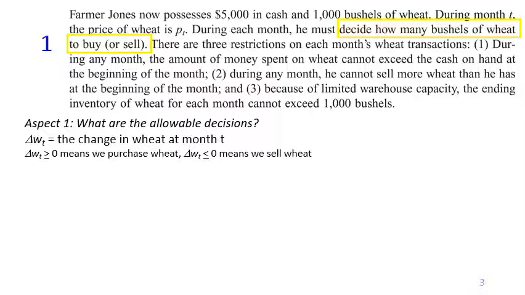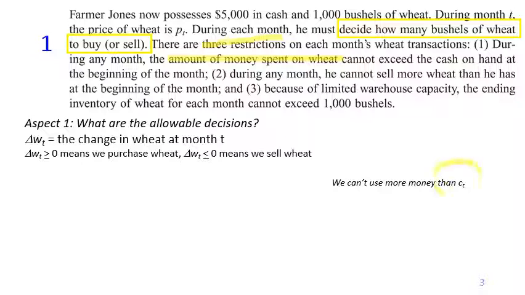Now to find the limit of how much we can sell and how much we can buy, let's look at these 3 restrictions. The first one specifically says that the amount of money that we spend on wheat cannot exceed the cash on hand at the beginning of the month.